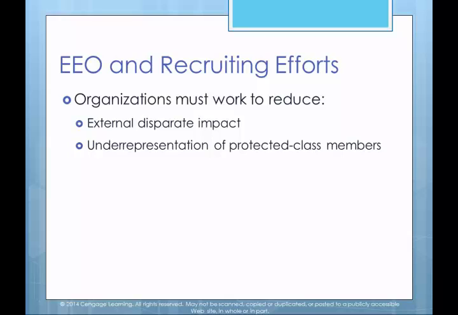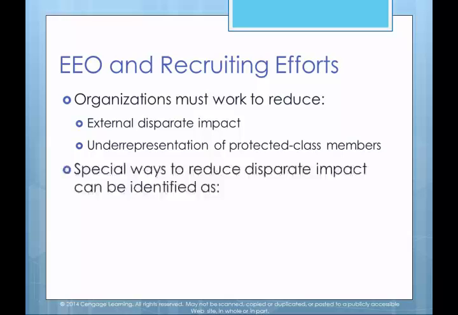And so you're trying to make sure that your recruiting processes work to reduce that impact or unrepresentation of a protected class member. So it's important, and your recruiters need to know that that's pretty much something you've got to keep in compliance with, especially if you have affirmative action plans.